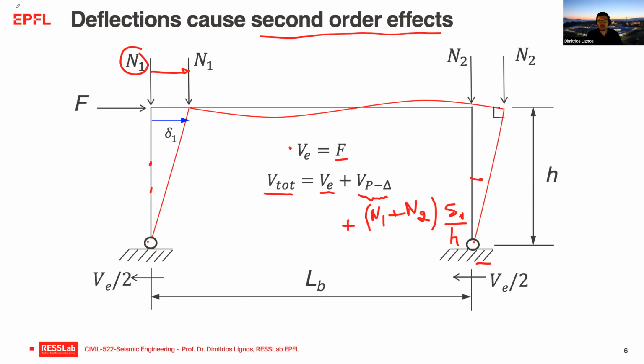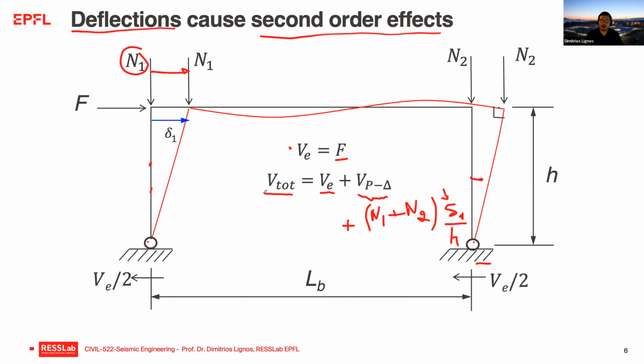So you can imagine that we cannot allow large deflections in a frame because these deflections essentially amplify this particular term here. And the more you amplify this term, the more you increase the shear.